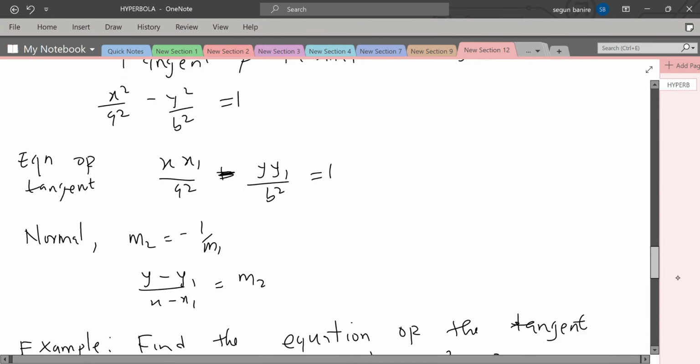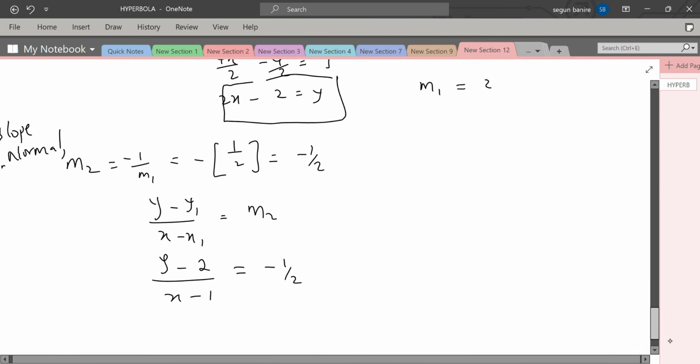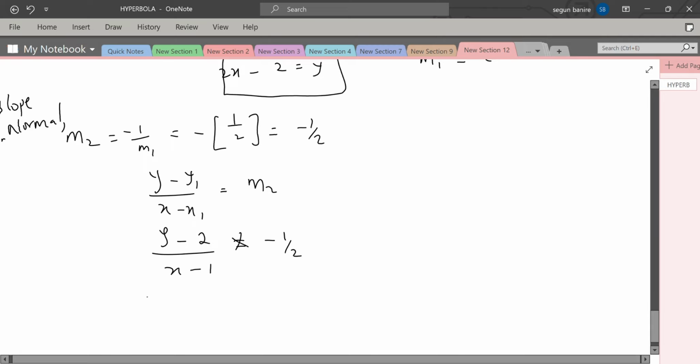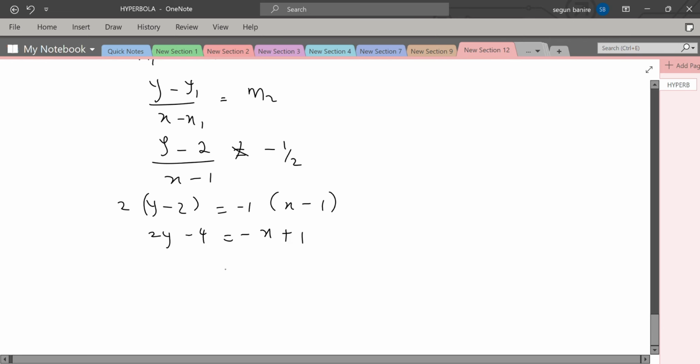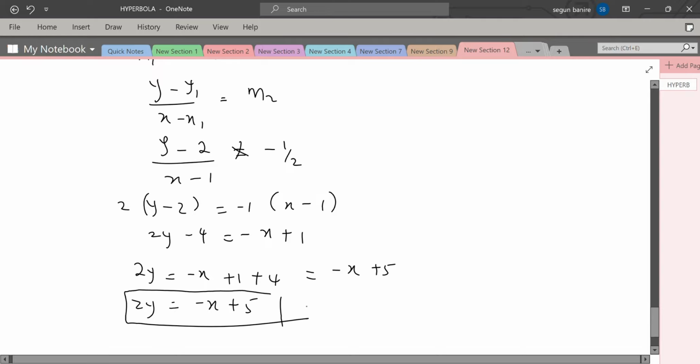Let me confirm that: (1, 2). So we cross multiply, we get (y minus 2) times 2 is equal to minus 1 times (x minus 1). 2y minus 4 is equal to minus x plus 1. So we have 2y is equal to minus x plus 1 plus 4, that is minus x plus 5. So 2y is equal to minus x plus 5. This is the equation of the normal.